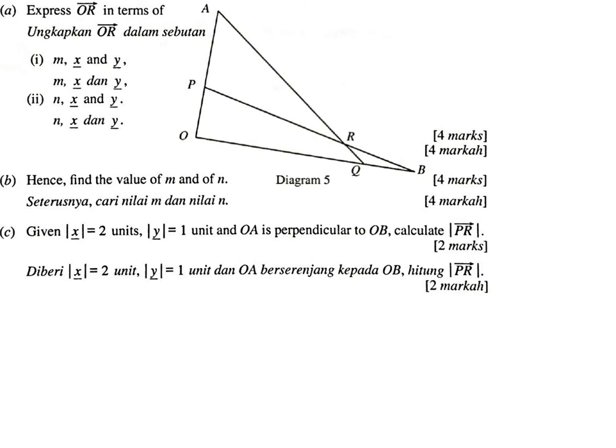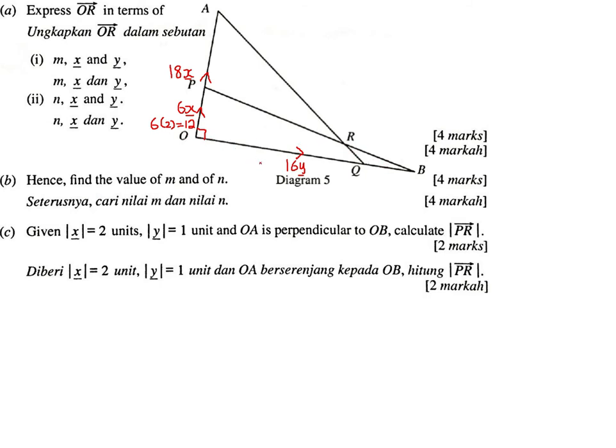Third question, you are given the vector x is 2 unit and vector y is 1 unit. We need to refer to the vector OP. Vector OP will give us 6x, so the vector x gives you the length of 2 unit. In this case, we get the length of OP, which is 12. Now we want to refer to OB.